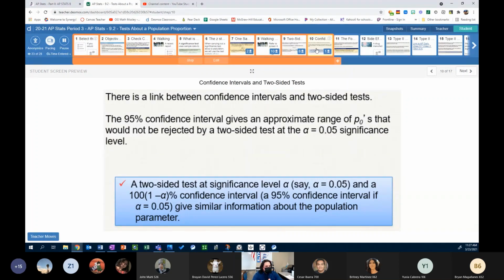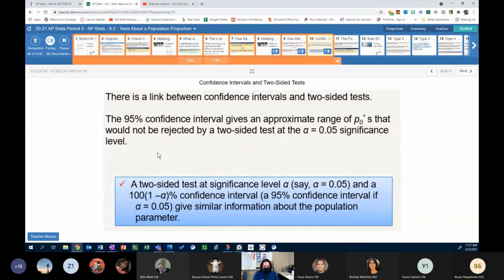So then there is a link between confidence intervals and two-sided tests. The 95% confidence interval gives an approximate range of p sub zeros that would not be rejected by a two-sided test at the alpha equals 0.05 significance level.